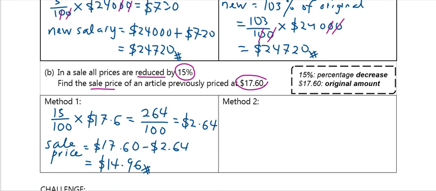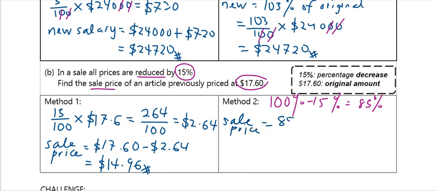And for the second method, just take note that your percentage decrease is 15%. So 100% minus 15%. So here you will have 85%. So you can say that the sale price will be 85 out of 100 times $17.60.